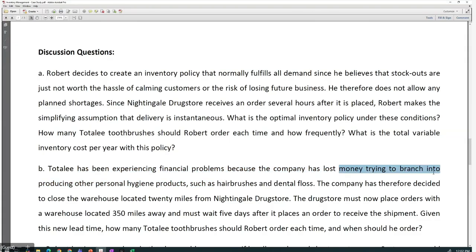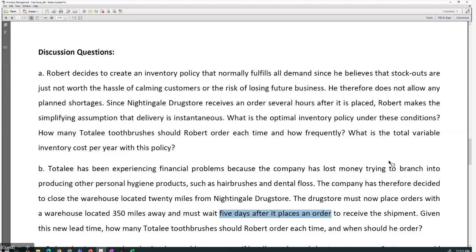Has lost money trying to branch into producing other personal hygiene products such as hair brushes and dental floss. The company has therefore decided to close the warehouse located 20 miles from Nightingale Drugstore. The drugstore must now place orders with the warehouse located 350 miles away and must wait 5 days after it places an order to receive the shipment.